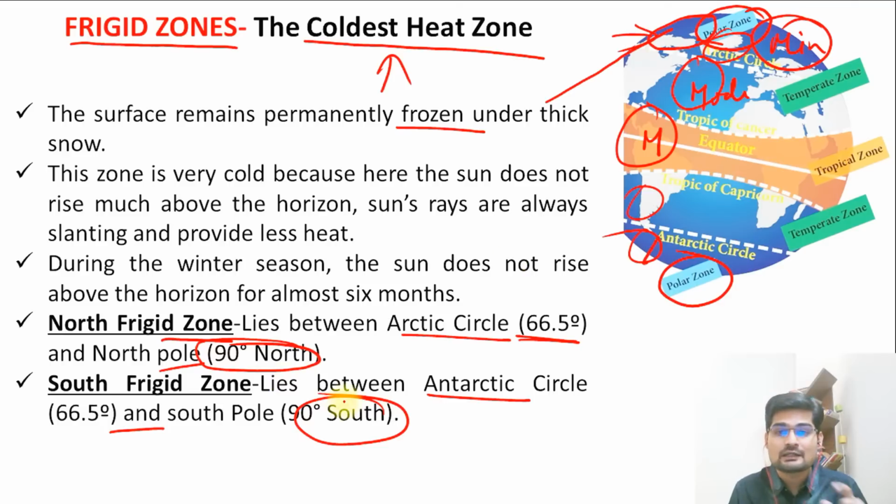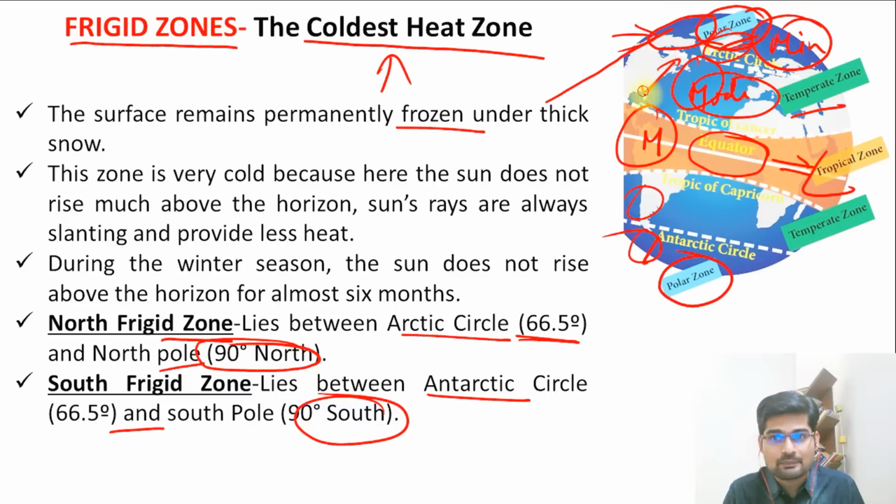And that's why, remember, temperature zones on this Earth are important. So what we study is these three belts, that is tropical, temperate and polar zone, also known as equatorial, that is the torrid zone. Then we have the moderate temperature zone, that is the temperate zone, and then we have the frigid zone. So that is the major classification of these temperature belts on the Earth's surface.